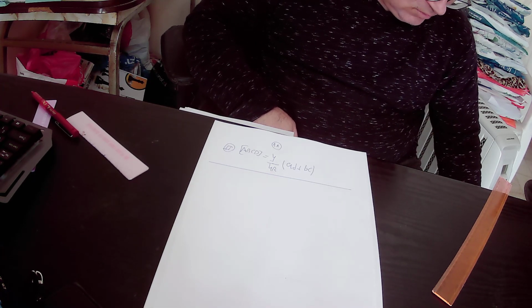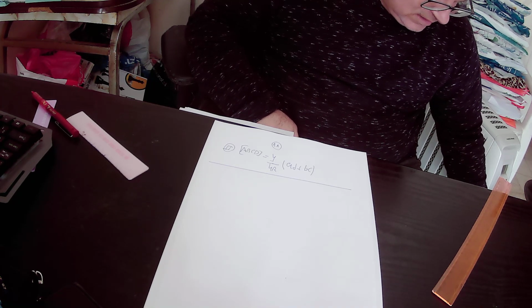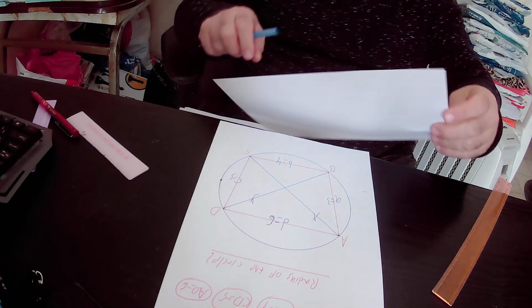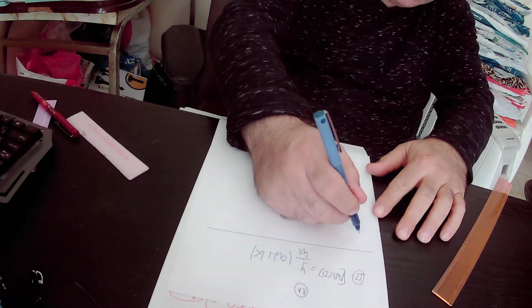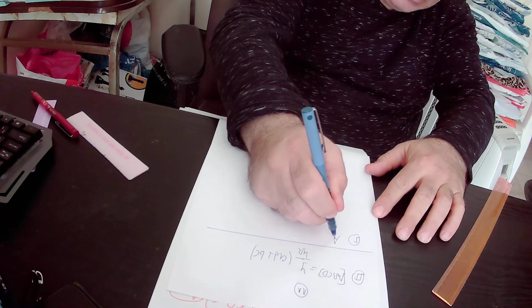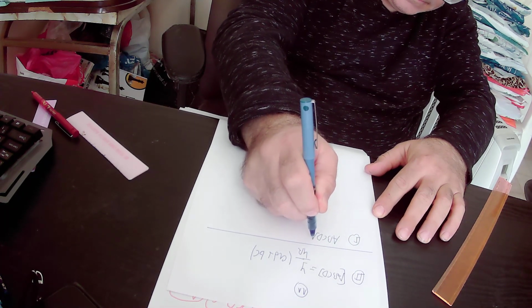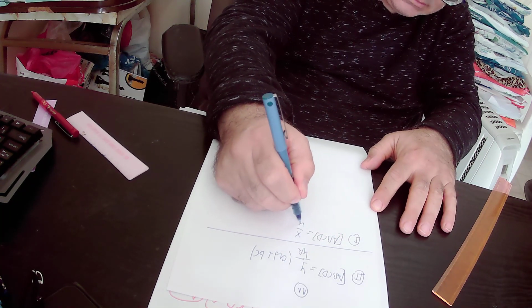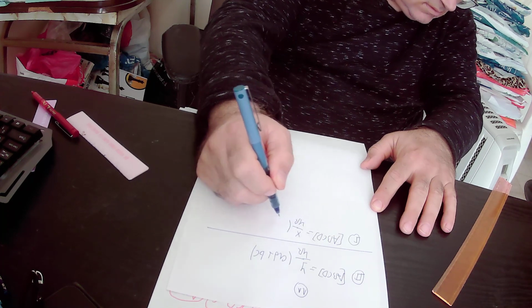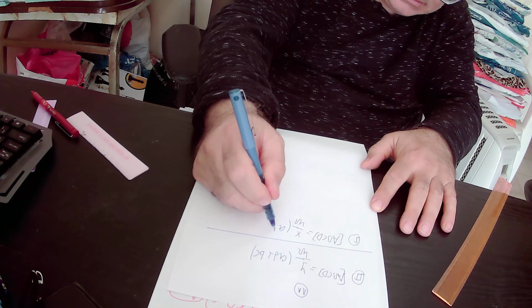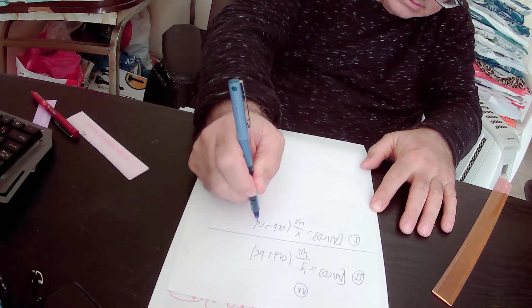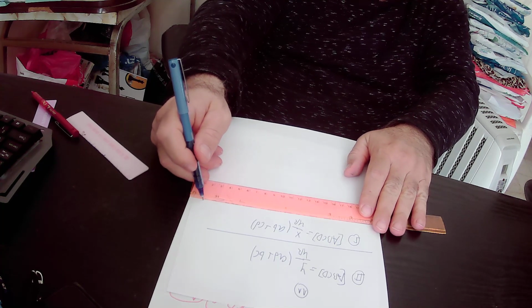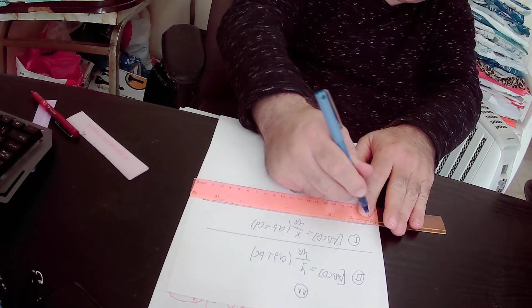But we have already found that the area of quadrilateral ABCD, according to equation 1, equals X over 4R times AB plus CD. So here we have two different expressions for the area of quadrilateral ABCD.